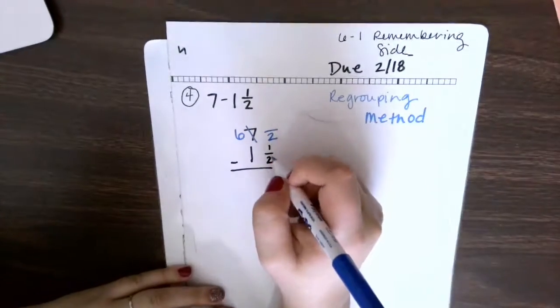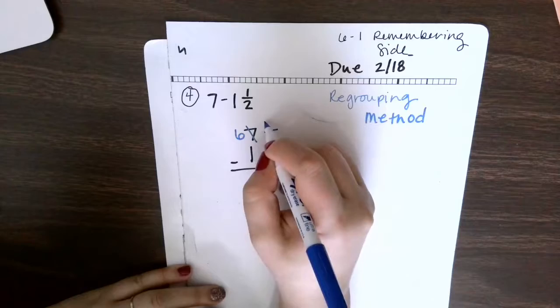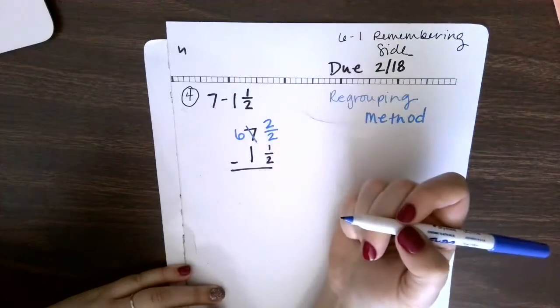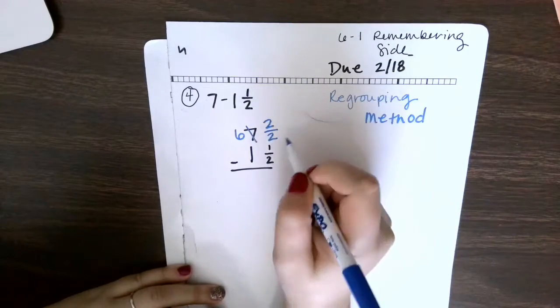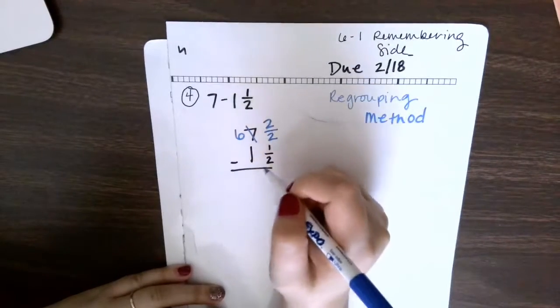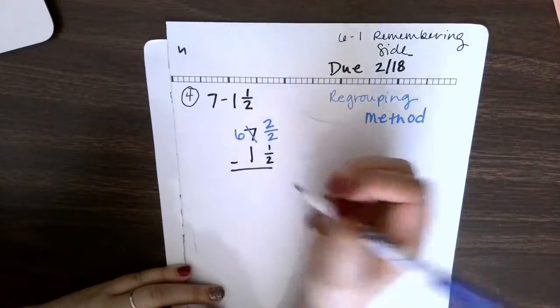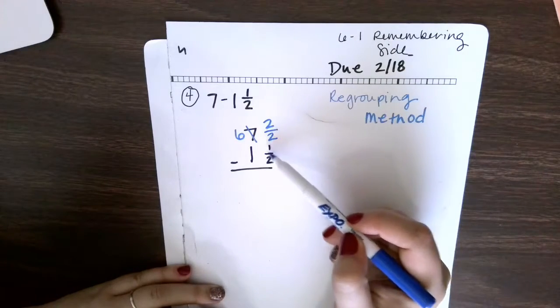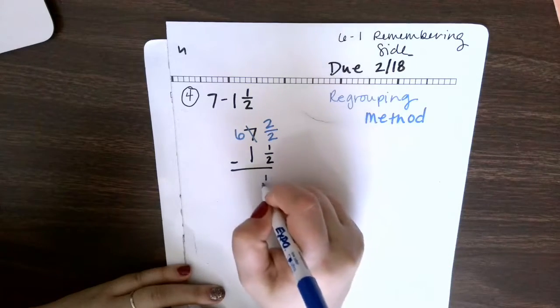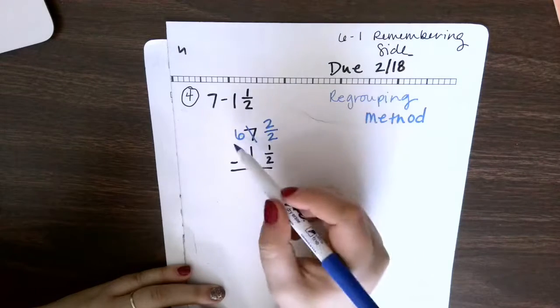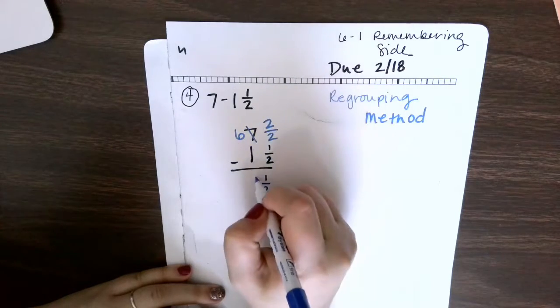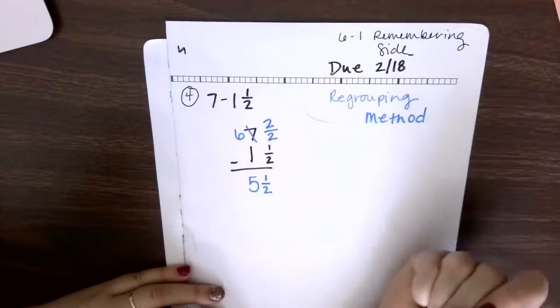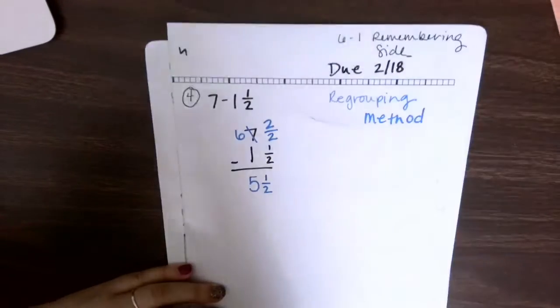One whole of something cut into 2 pieces is 2. So now I have 6 and 2 over 2 minus 1 and 1 over 2, making my math a little easier. All I have to do is subtract this 1 from this 2, get 1/2. Subtract 1 from 6, which is 5. So my answer is 5 and 1/2.